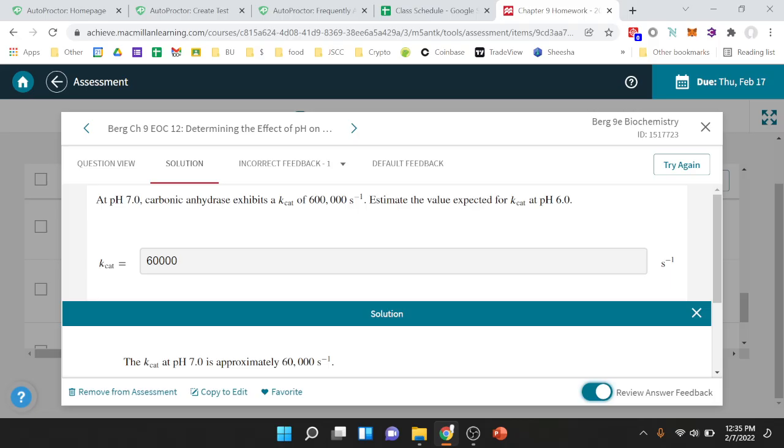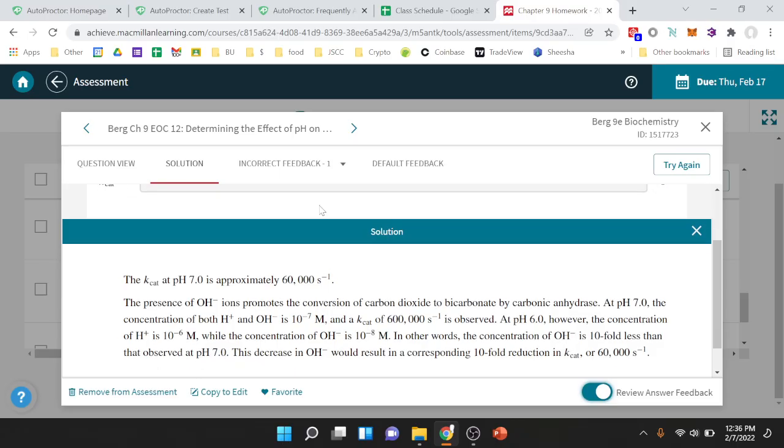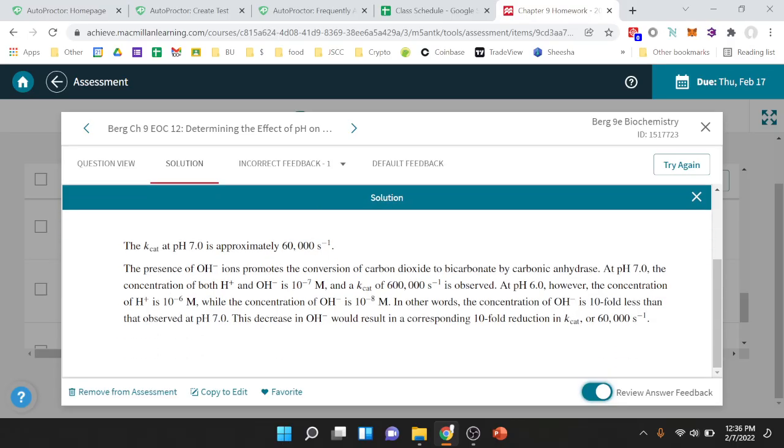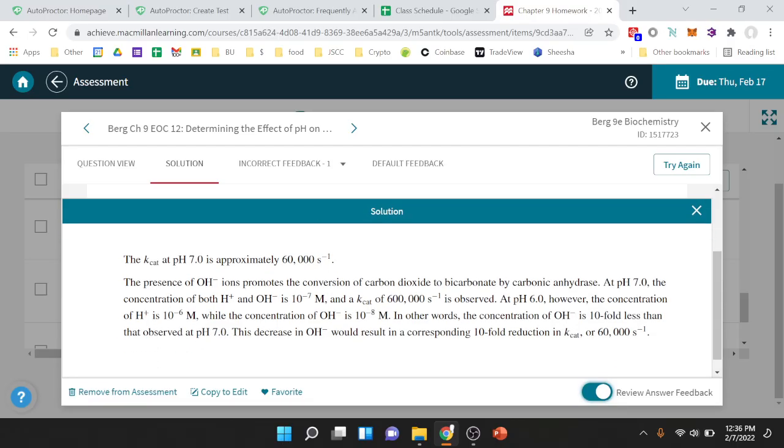So the kcat at pH 7 is approximately 600,000. That's 60,000? What's going on there? Anyways, the presence of OH minus ions, they miswrote it in there. I mean, they have the right one down here. It promotes the conversion of carbon dioxide.